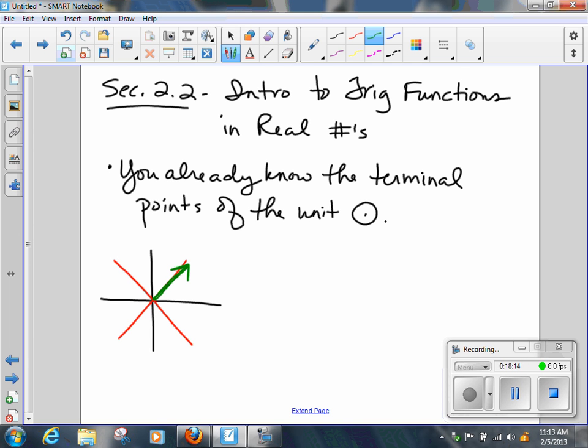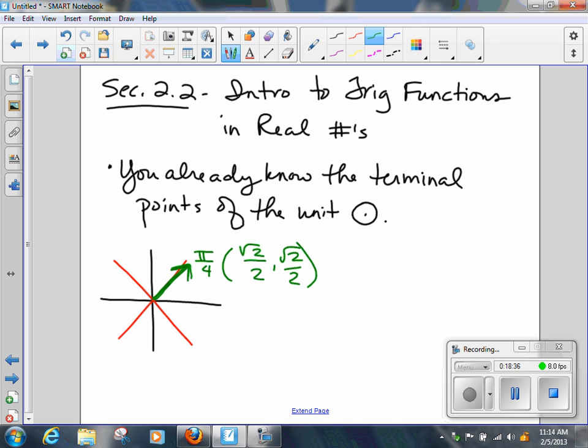Pi over 4, right? Do you agree? That's the angle pi over 4. Folks, what's that ordered pair? Root 2 over 2, root 2 over 2. Everybody ought to be able to tell me that, and you ought to be able to tell me that immediately.